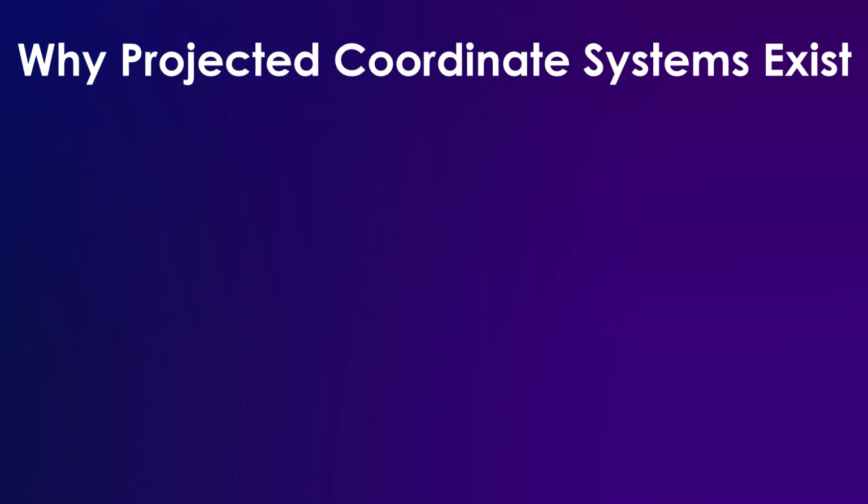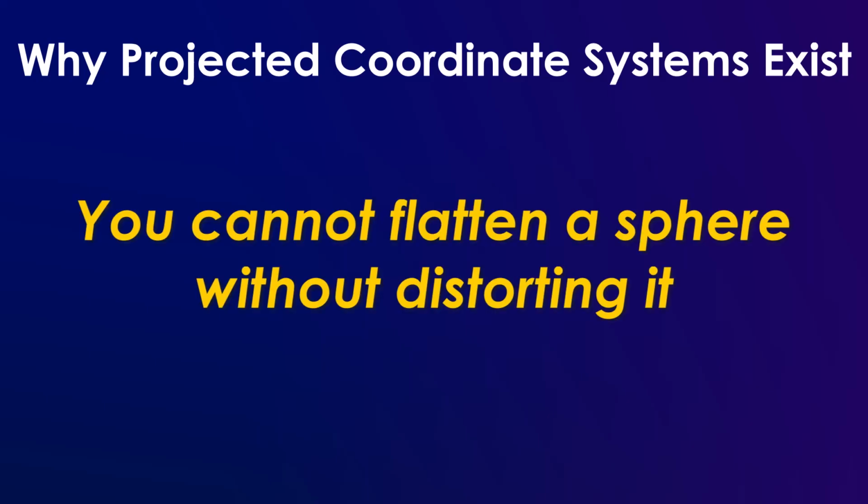So why do we need projected coordinate systems? Why not just work with latitude and longitude all the time? The answer comes down to one fundamental problem. You cannot flatten a sphere without distorting it. In previous videos, I discussed map projections, including how they are created and ways to minimize distortion.